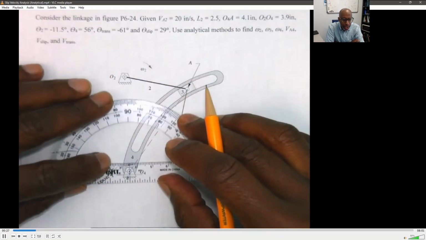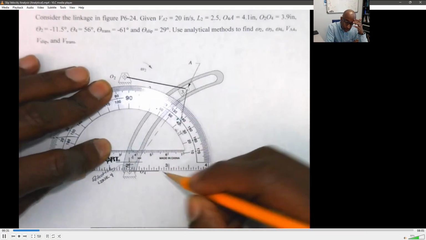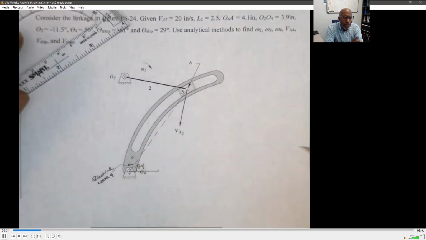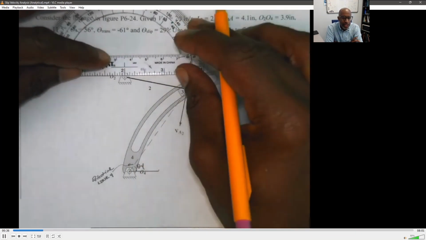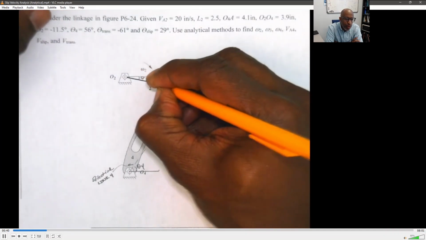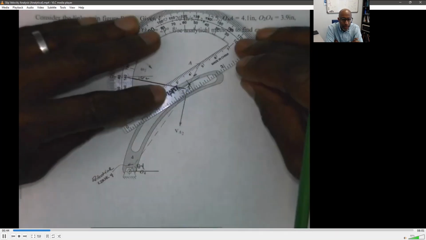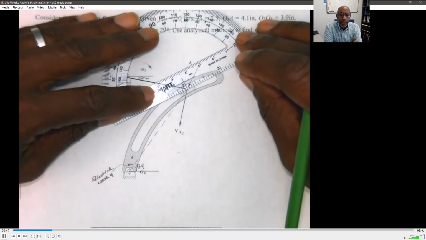The direction here is measured from the horizontal. That's our theta 4, and that was given to us as 56 degrees. And you may recall that I said that we had a theta 2 of about 11.5 degrees, a little bit below the horizontal there.